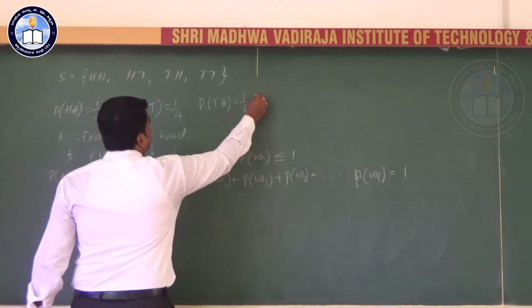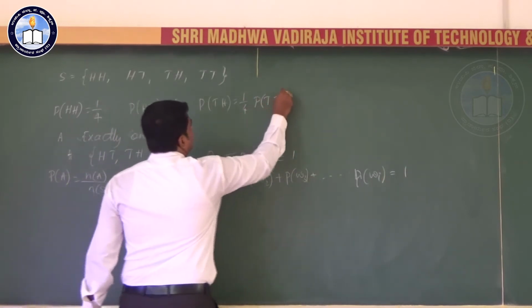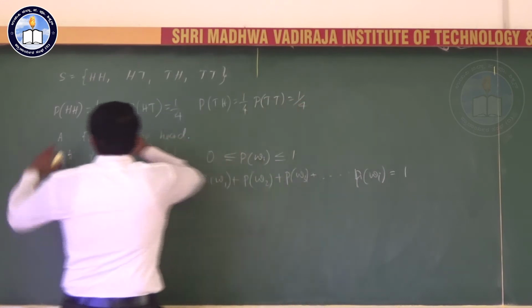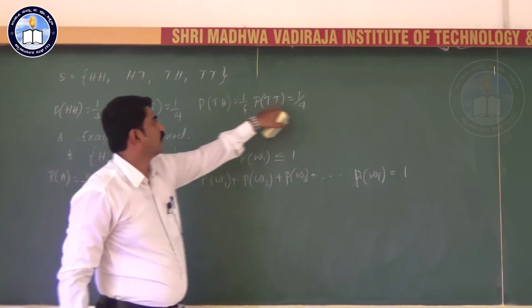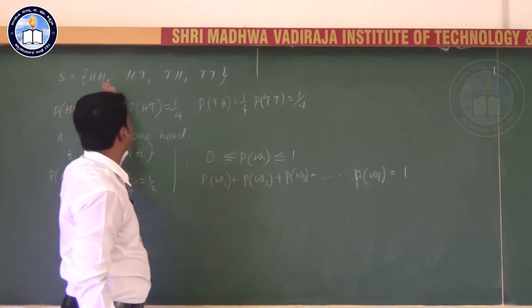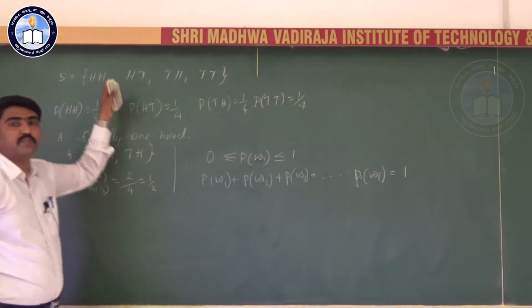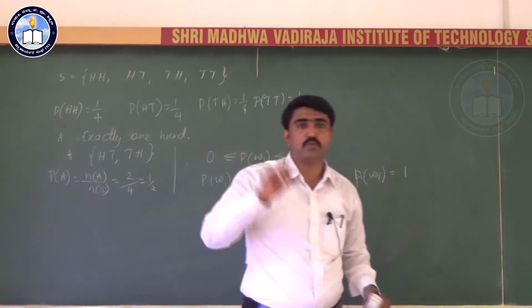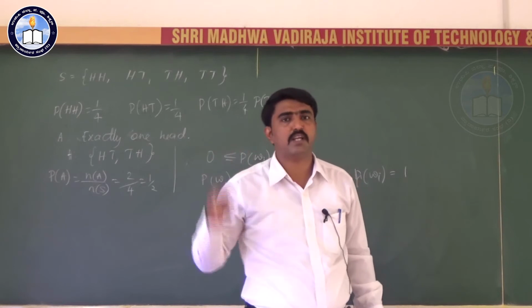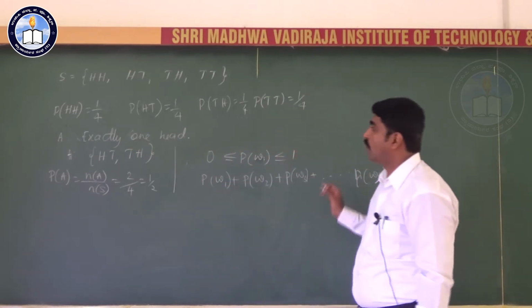Because see, in this example, the probability of TT is also 1 by 4. If you add all of them, 1 by 4 plus 1 by 4 plus 1 by 4 plus 1 by 4, that is 4 by 4, you will get the probability of the sample space. So the probability of the sample space is always equal to 1, because n of S divided by n of S gets cancelled, so you will get 1.